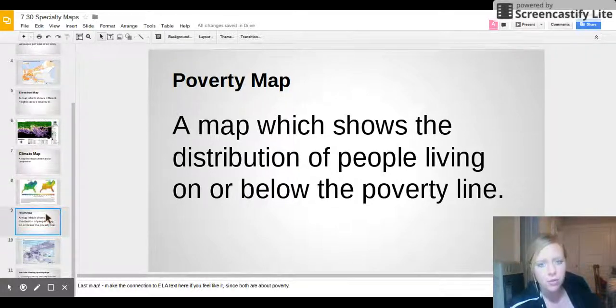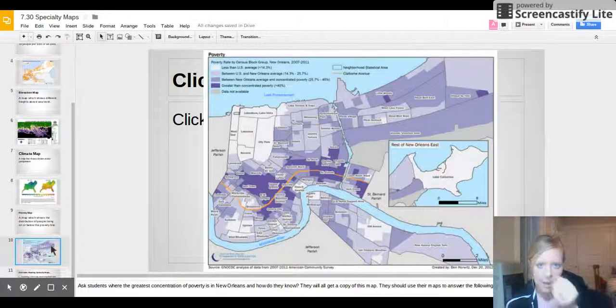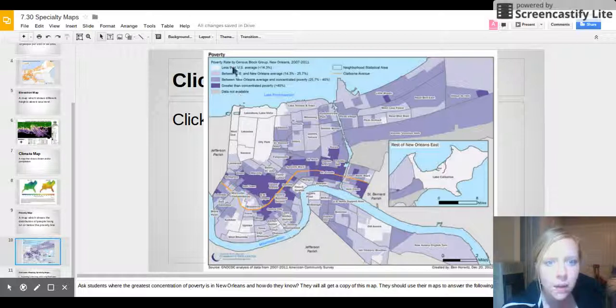This is a kind of specialty map which shows the distribution of people living on or below the poverty line. Here is a poverty map for New Orleans. It might be a little bit tough to see, but it says poverty rate by census block.